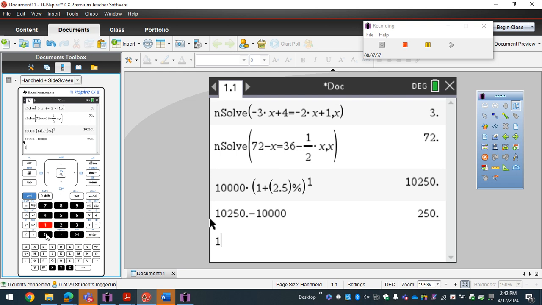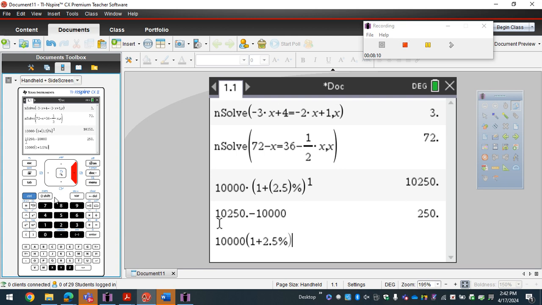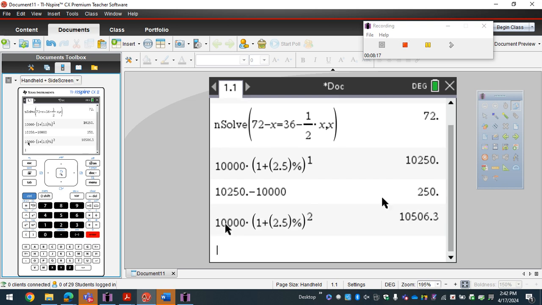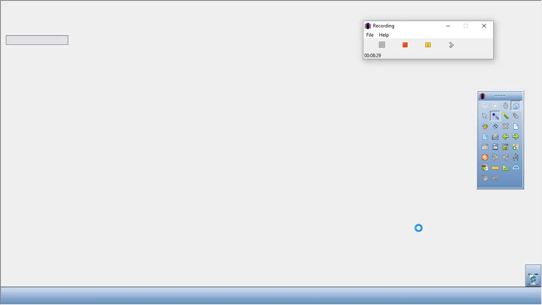So I'm going to go 10,000, parentheses, 1 plus 2.5%, and now it's going to be raised to the second power. Enter. So that's a total, where the principal and the interest are added together. I'm going to subtract the 10,000 which he initially deposited, and that leaves the interest of 506.